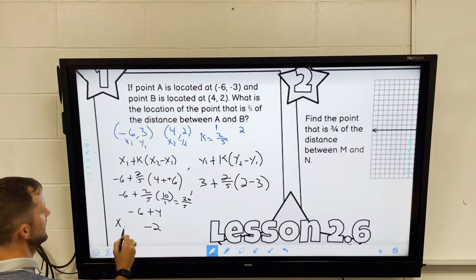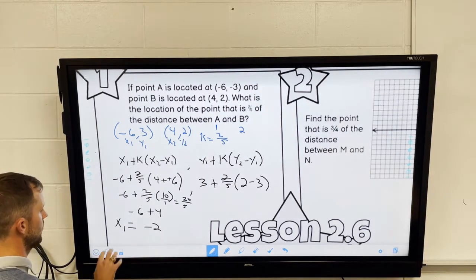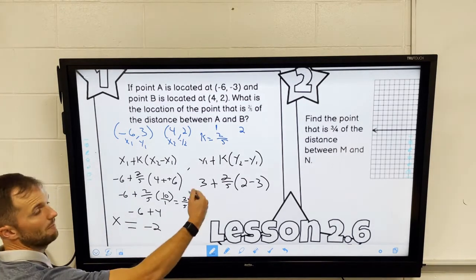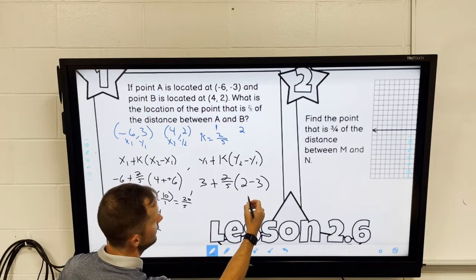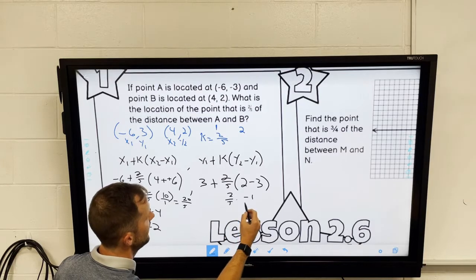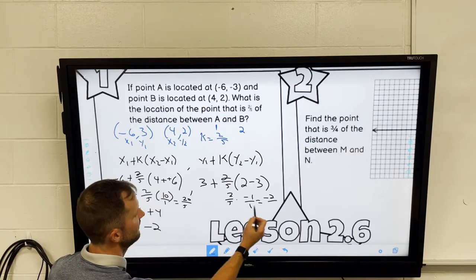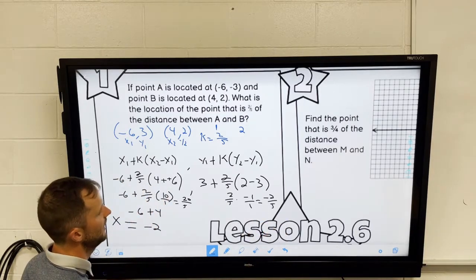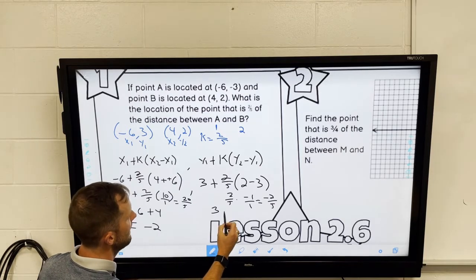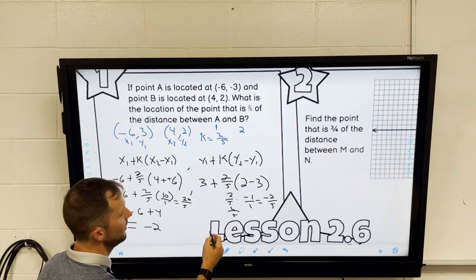Remember, this is gonna be the x coordinate, not my x1, but the x coordinate of your answer. Now I gotta find my y coordinate. 2 minus 3 gives you -1, okay? And then I'm gonna multiply that by 2/5. So 2 times -1 gives you -2. 5 times 1 gives you 5, okay? And then I'm gonna do 3 minus 2/5 right here, correct? So I'm gonna change my whole number into a fraction.